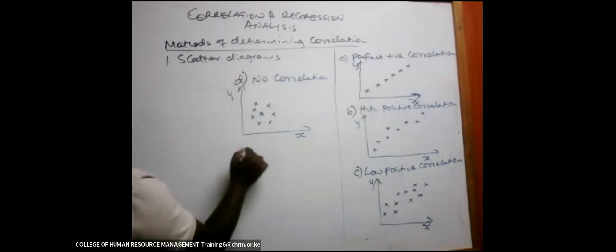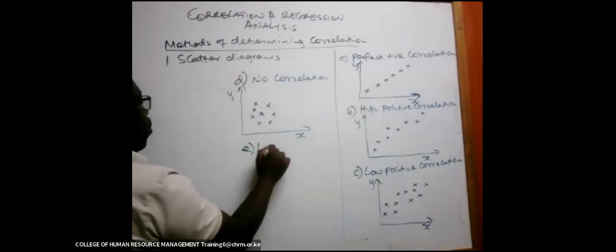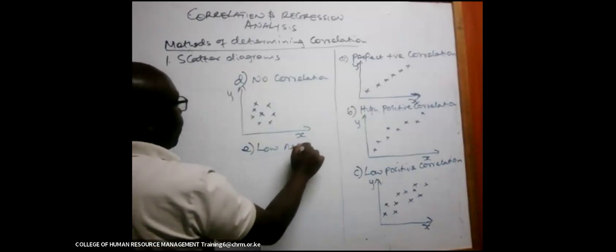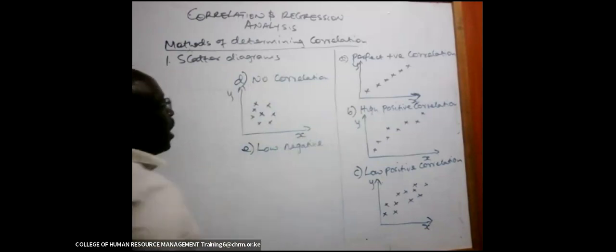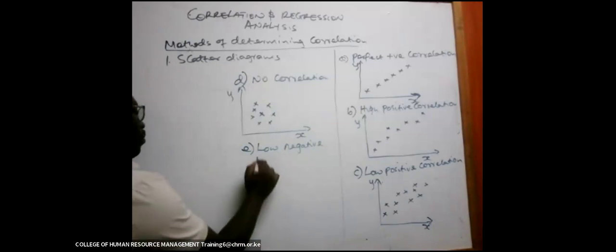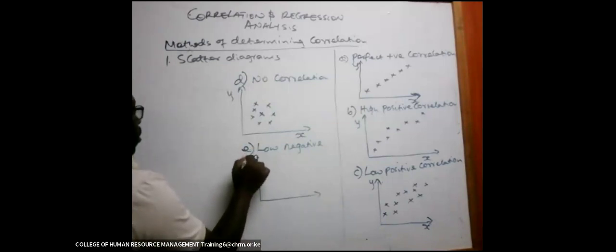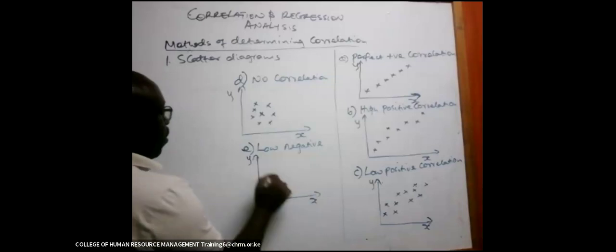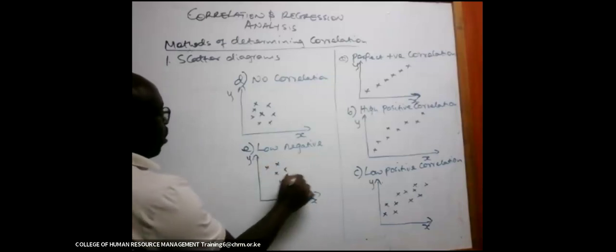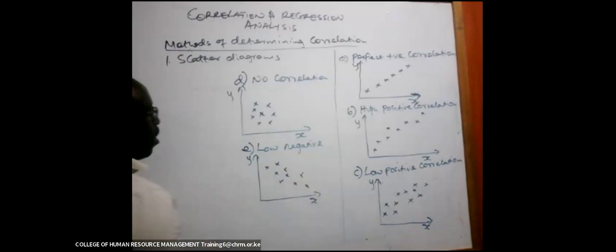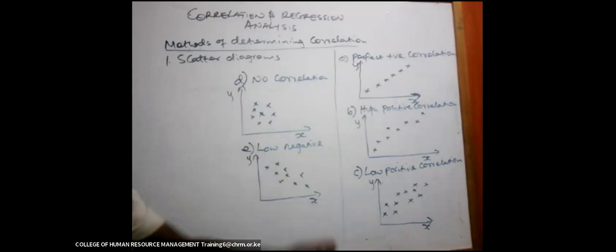Then E, it is the low, now negative. Low negative correlation. The points are having a negative slope, but they are far away from making a straight line negative. That is a low negative correlation.